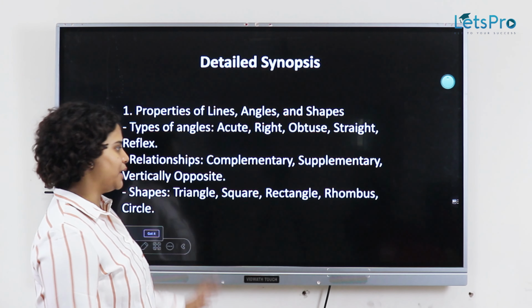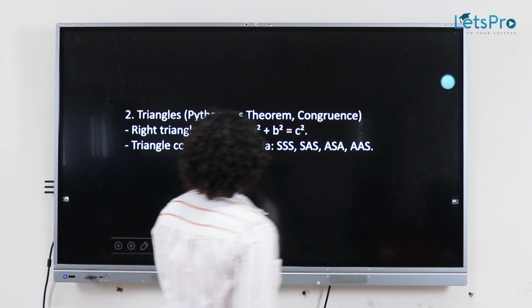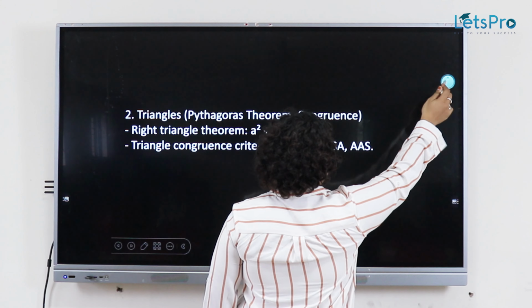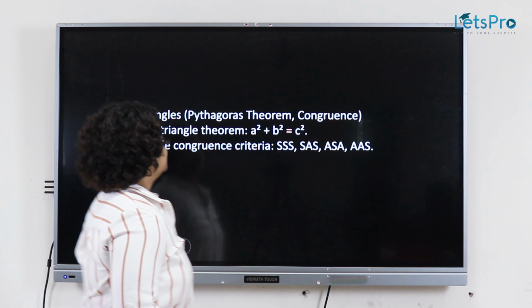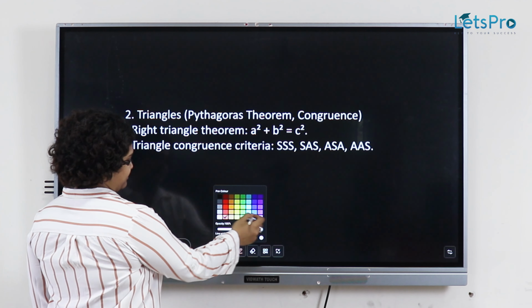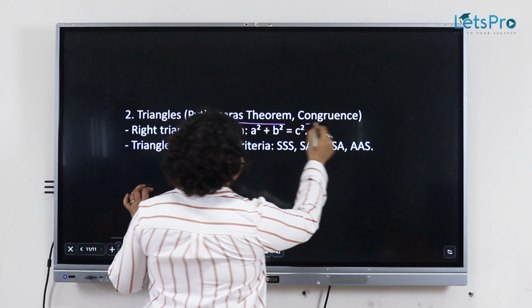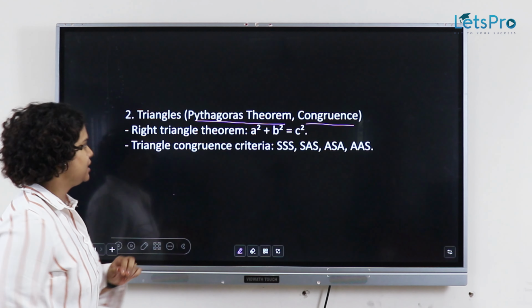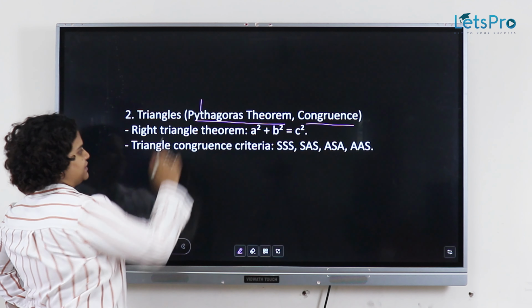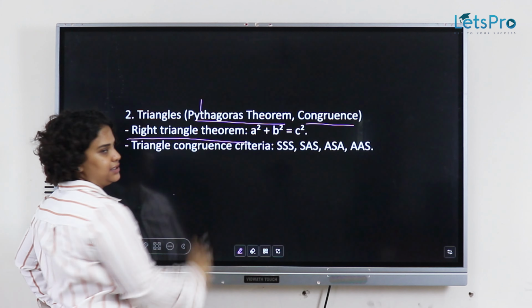So that's about it. Then let us understand something about triangles. In triangles, we are going to learn about Pythagoras theorem. We are going to learn about congruence, right? What is Pythagoras theorem? This is only applicable to right angled triangles, right?